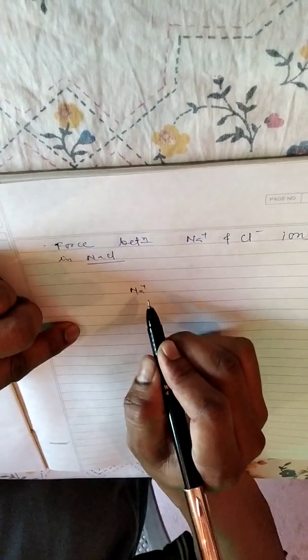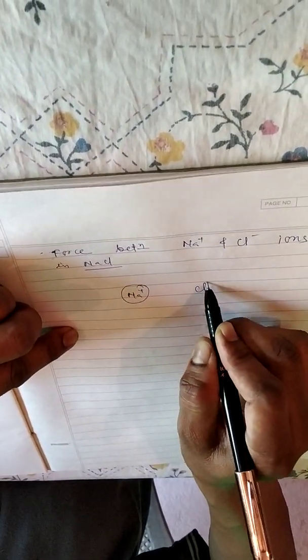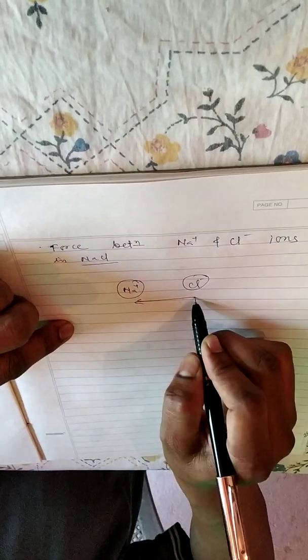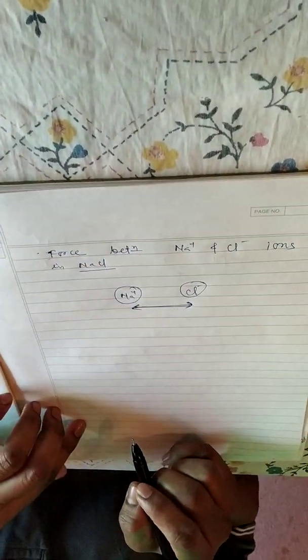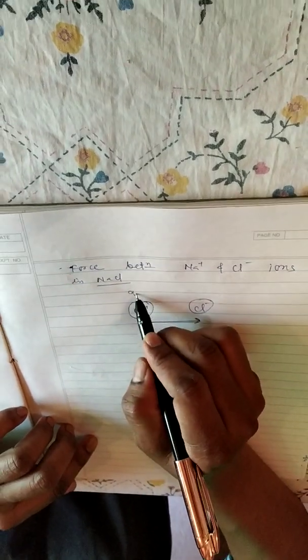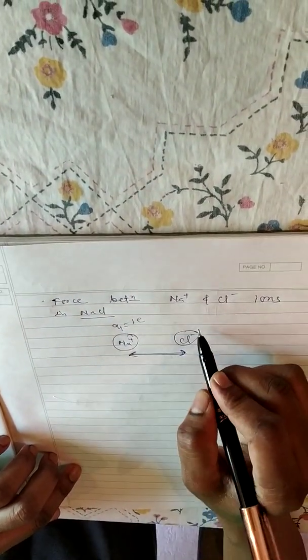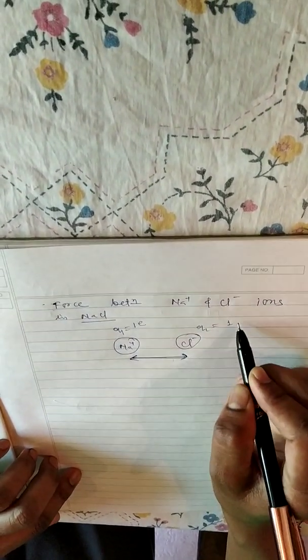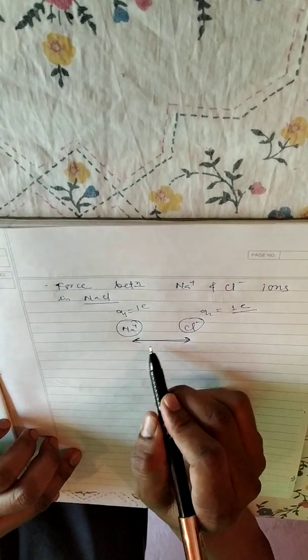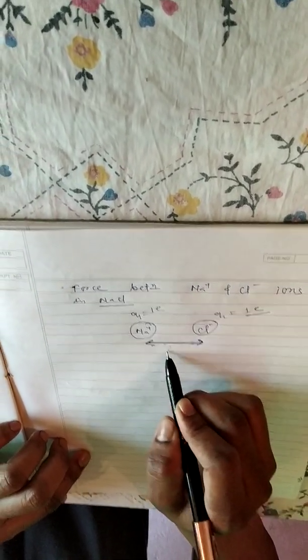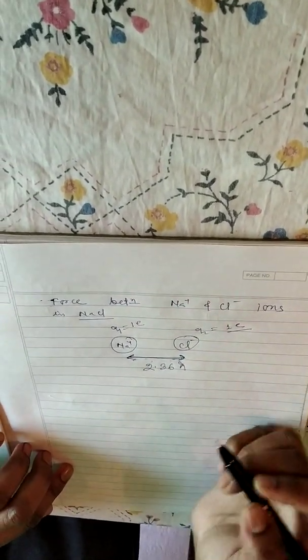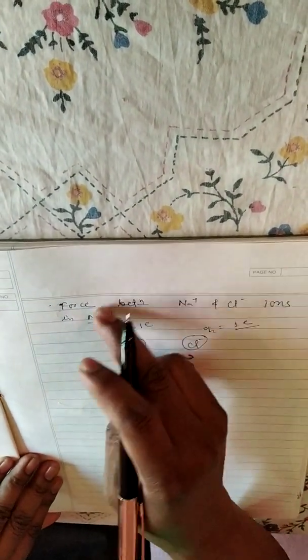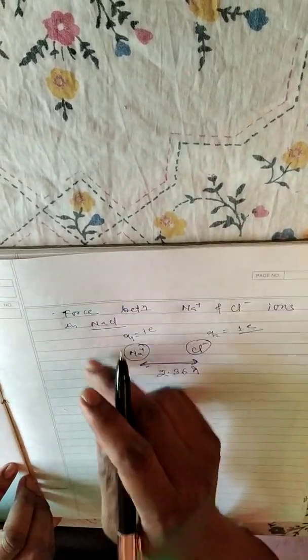This is Na plus and Cl minus. Take this length as the bond length. Take Q1 equal to 1 electronic charge, Q2 also equal to 1 electronic charge, and the distance between them is one bond length. This bond length is about 2.36 angstrom. Now I hope you are able to calculate this.